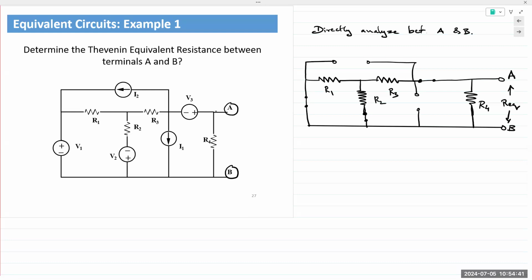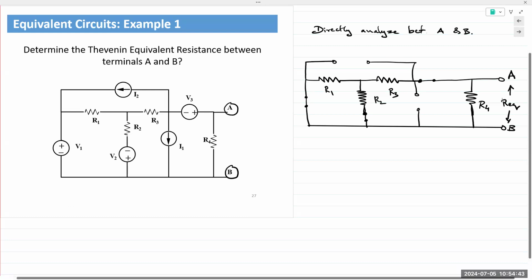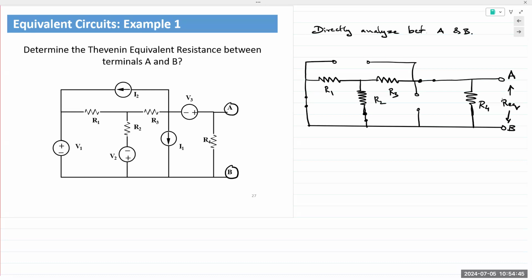Any questions at all? Does the procedure make sense?